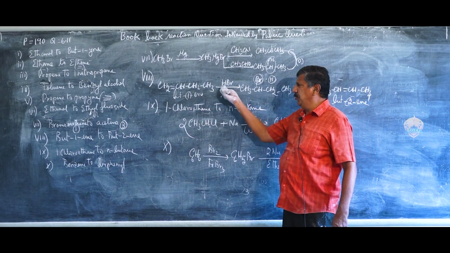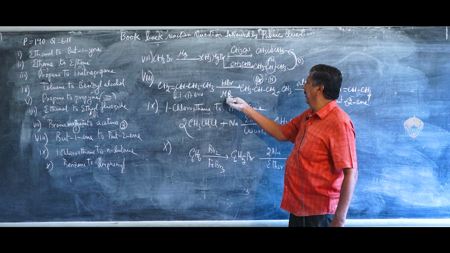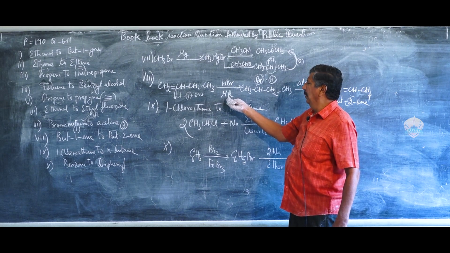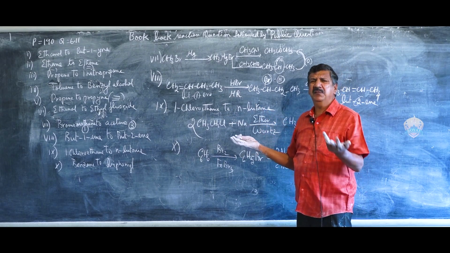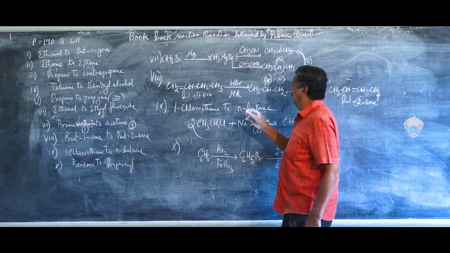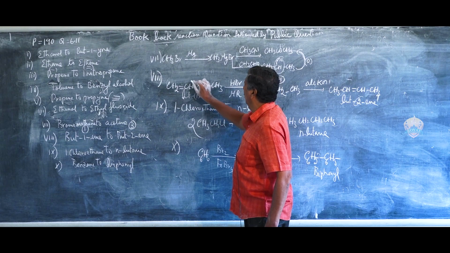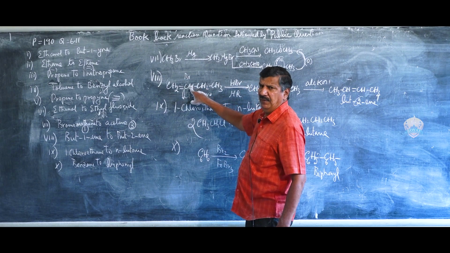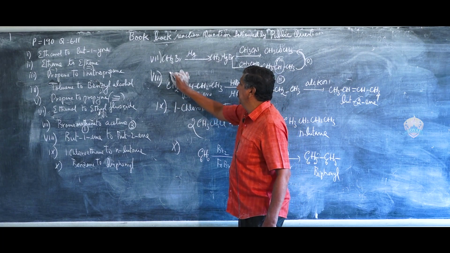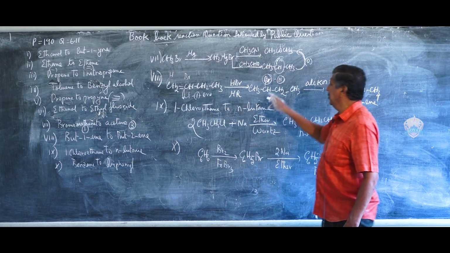You first treat with HBr. It will join according to Markovnikov rule. What does Markovnikov rule say? The Br will join here, to the carbon having the least number of hydrogens, and the H will join here. So this is the formula.